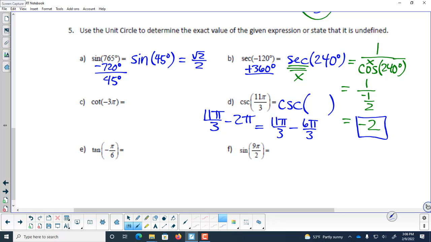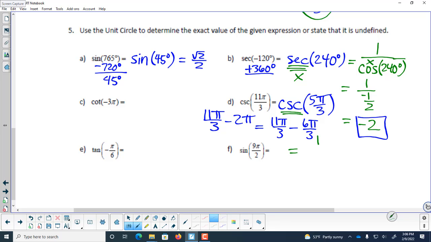Okay? So this becomes 5 pi over 3. So if I want the cosecant of 5 pi over 3, which coordinate do I need? The x or the y? Cosecant is the reciprocal of sine.